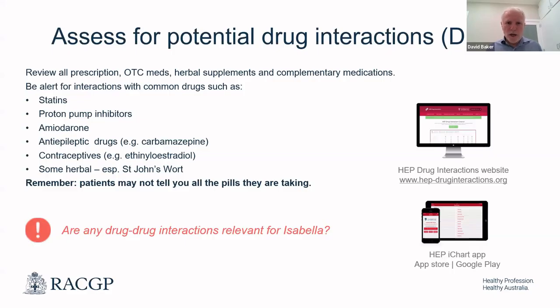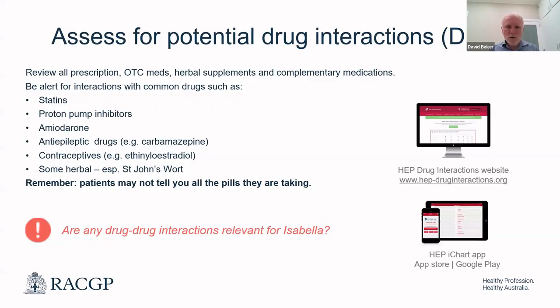If you open up this website, you can check drug-drug interactions even for very complex cases. If you have an elderly patient, particularly on many medications, you can type the medicines into the Liverpool website, and it will produce a summary and also details of potential drug-drug interactions.